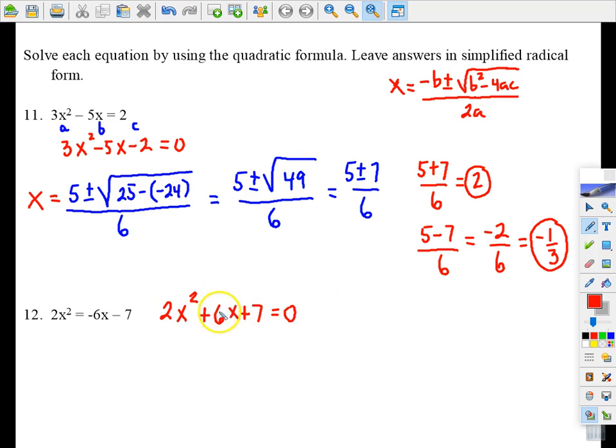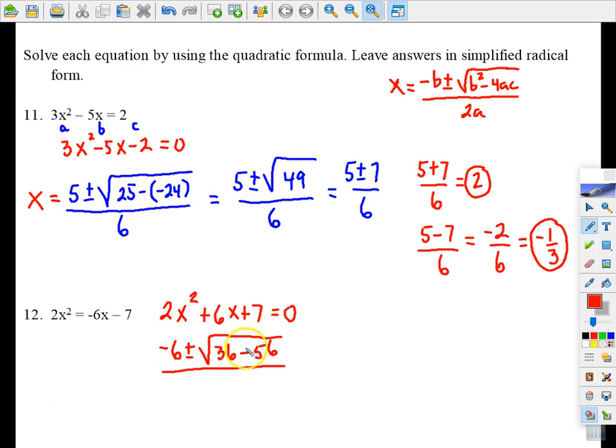Okay, so the opposite of b, the opposite of 6 will be negative 6 plus minus the square root of b squared. 6 squared is 36 minus 4 times a, which is 2. 4 times 2 is 8. And then 8 times 7 is 56.